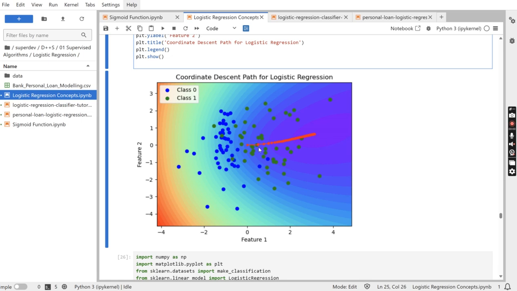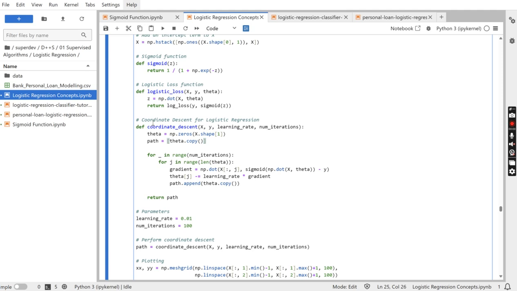Coordinate descent does about 90% of what gradient descent does. If you look at the function here, it is also taking the matrix, calculating the sigmoid, subtracting the learning rate multiplied by the gradient, and calculating the path.